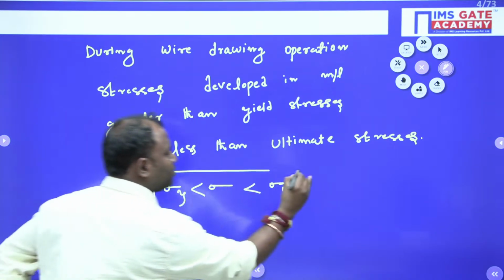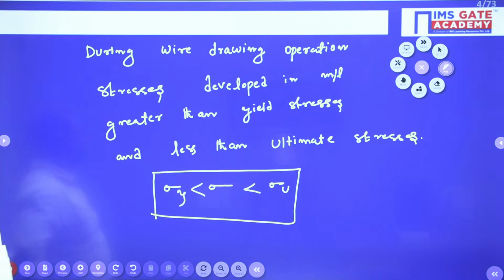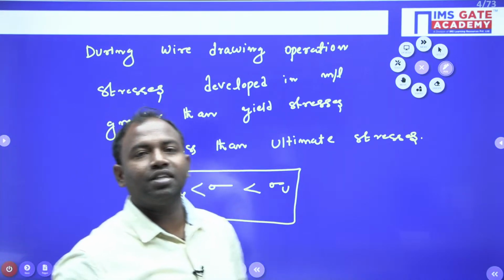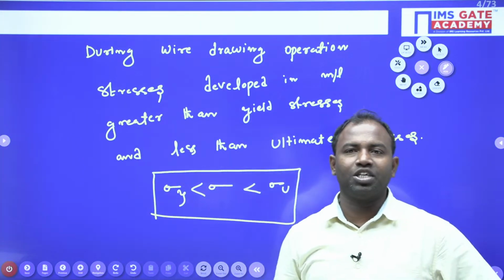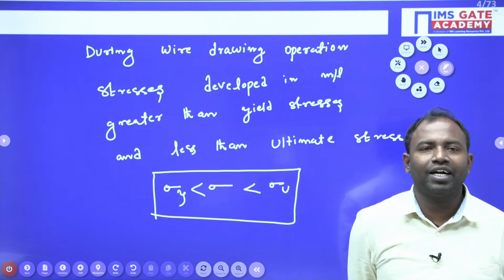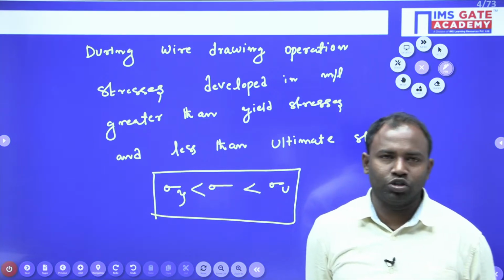Whenever the material experiences stresses in between these, it experiences plastic deformation for converting one shape into another shape. It is the standard definition for a metal forming process, isn't it, guys?